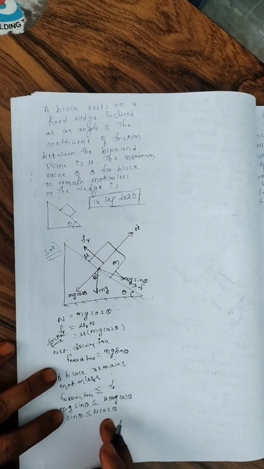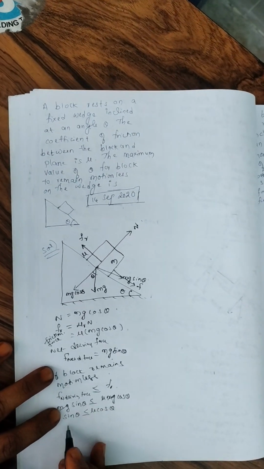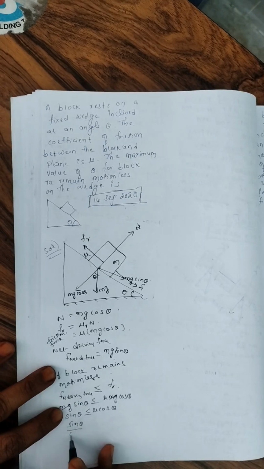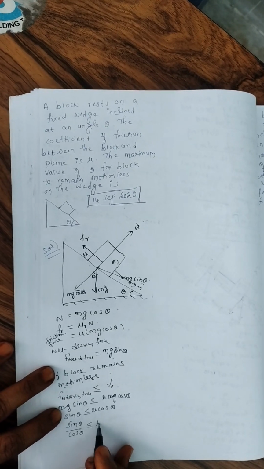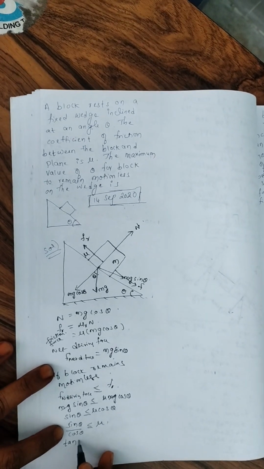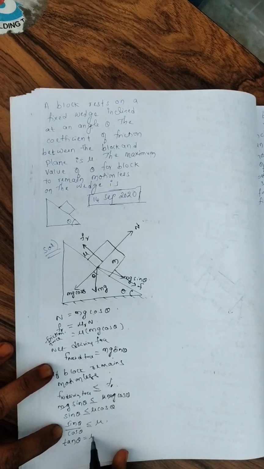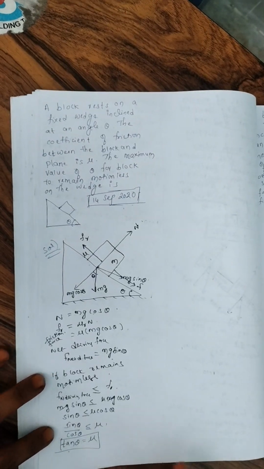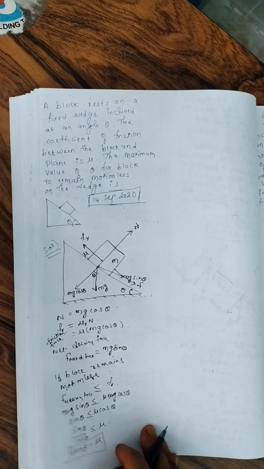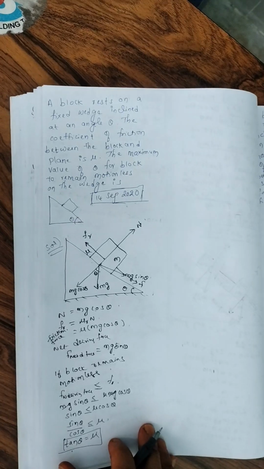So now sin theta by cos theta is less than or equal to mu, or tan theta is less than or equal to mu. Mu equal to tan theta is the required answer.